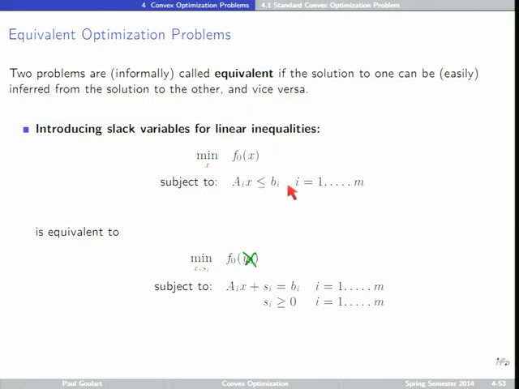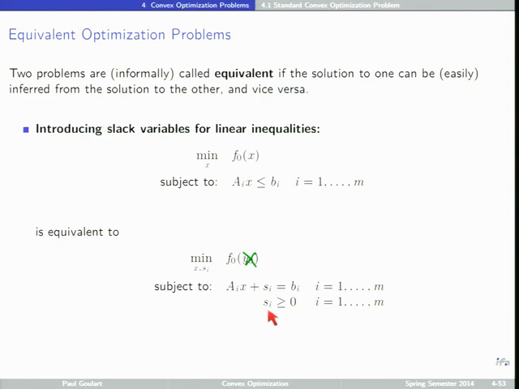Then what you can do, if you want, is add variables s, which complete this thing into an equality. So I add some si, which is greater than 0, and I make the first one an equality, and I claim that this s term has to be greater than or equal to 0. So s is called a slack variable.